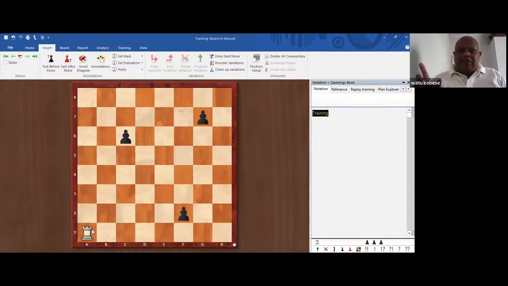Now each piece in chess has got a certain number of points. These points show how strong the piece is, okay? And they help you because, as you are playing, there will come situations where you can trade your one piece for your opponent's piece. So it helps when you know who's benefiting from the trade, right?